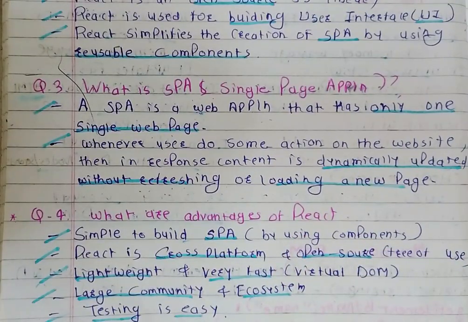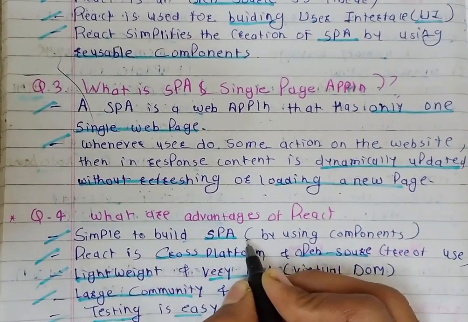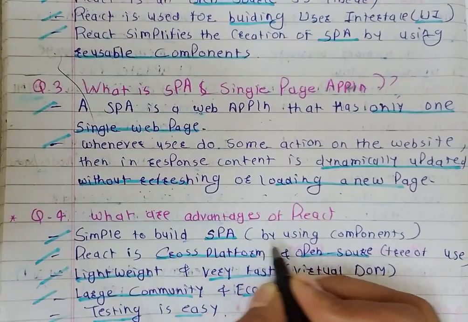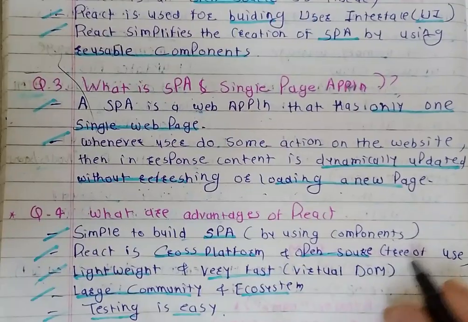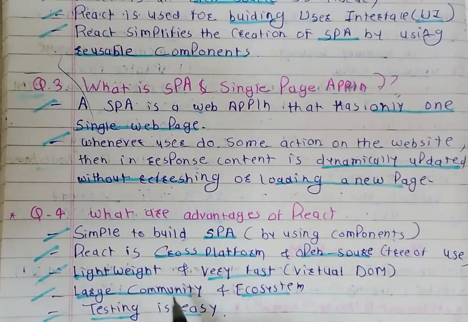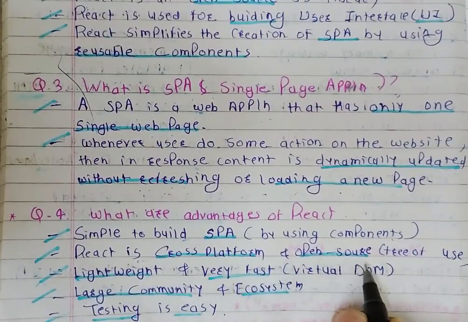Then there are some advantages of React which make it so popular. Simply, it is simple to build a single page application. It is very simple to build one by using reusable components. Then React is cross-platform and open source, free to use.